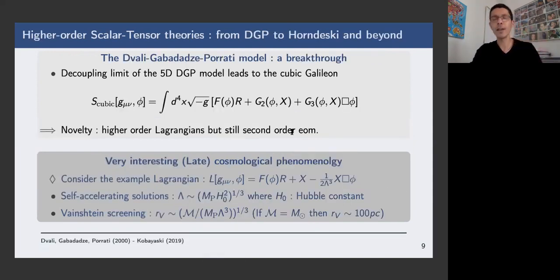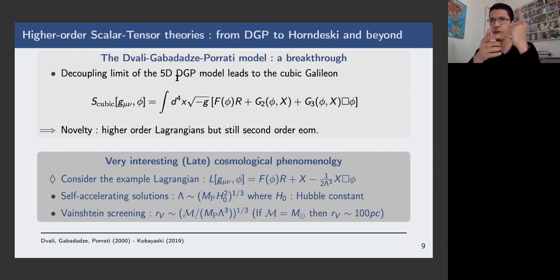Then in the early 2000s, there was also a breakthrough, the DGP model that was introduced by three people, Dvali, Gabadadze, and Porrati. The context of this scalar-tensor theory was that of brane cosmology. I don't want to enter into details.